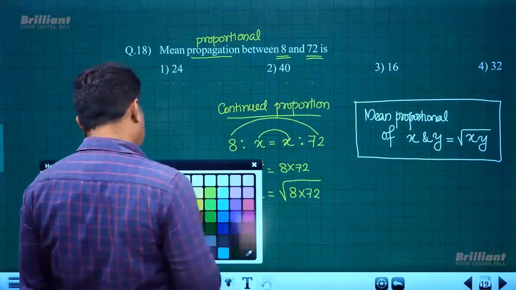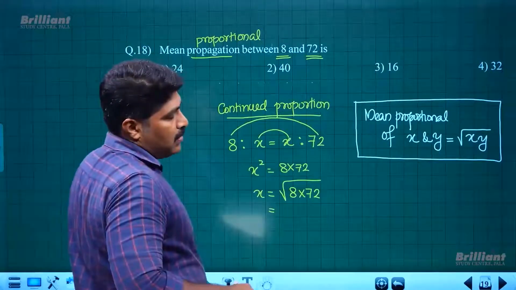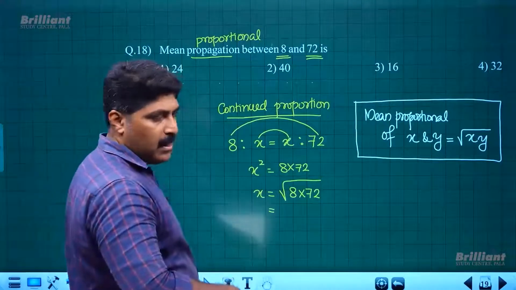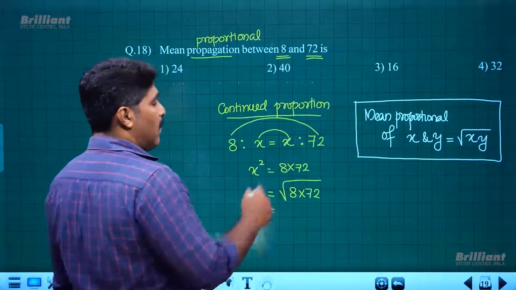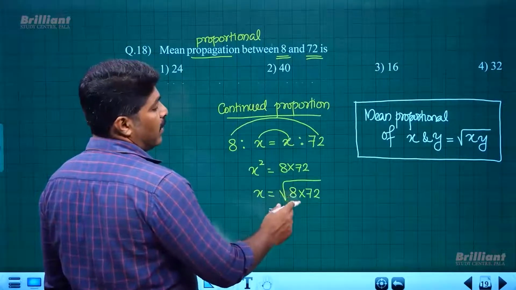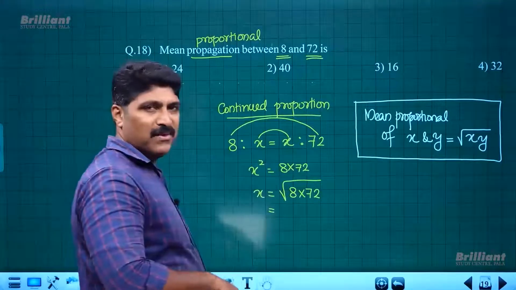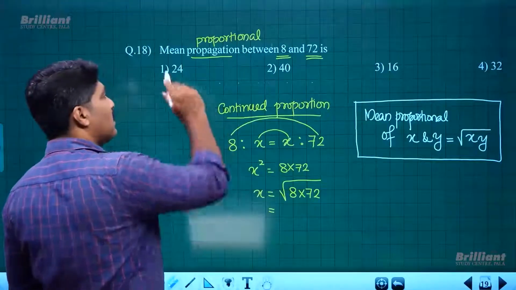So while we are simplifying this one, how to do it? Either you multiply it, or it's better to factorize it. Here 8 times 72 is 576. Either you can do it like that: root of 576. What is root of 576? That's equal to 24.